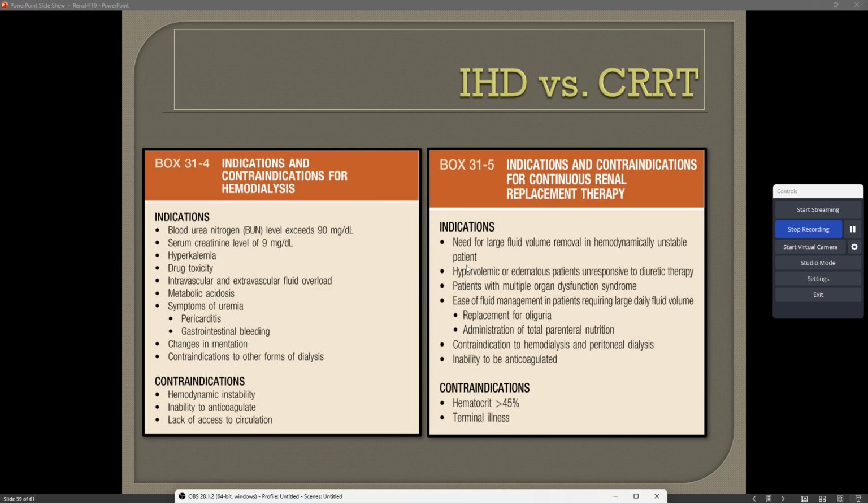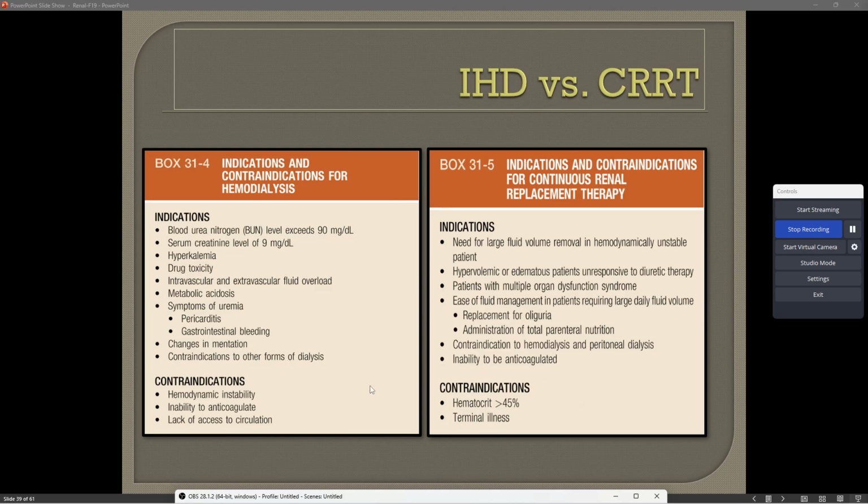Hemodialysis would be violent, aggressive, and that is not the case when it comes to CRRT. Please keep that in mind. Anyway, hypervolemic edematous patients unresponsive to diuretic therapy, patients with multi-organ dysfunction, almost all of our sepsis patients right there. Ease of fluid management in patients requiring large daily fluid volume replacement for oliguria, administration of total parenteral nutrition, contraindication to hemodialysis and peritoneal dialysis, inability to anticoagulate.